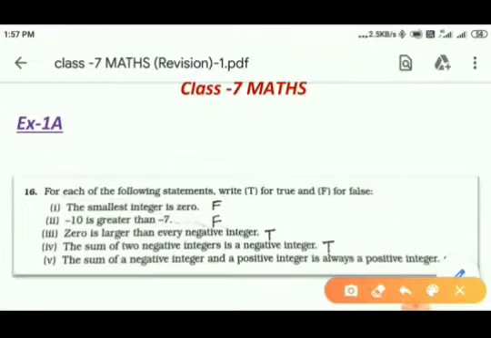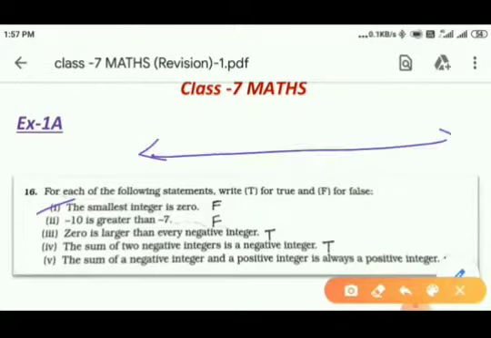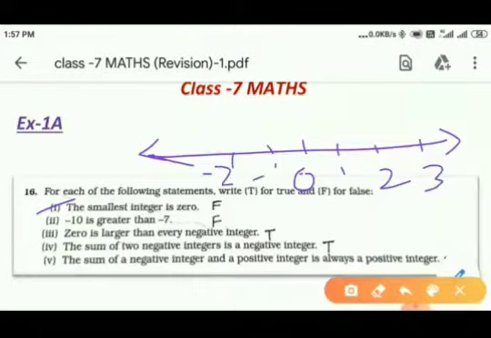Children, you all know that integers are all positive and all negative numbers, including 0. If we see the number line, 0 is in between, the positives are on the right hand side and the negatives are on the left hand side. Am I correct?